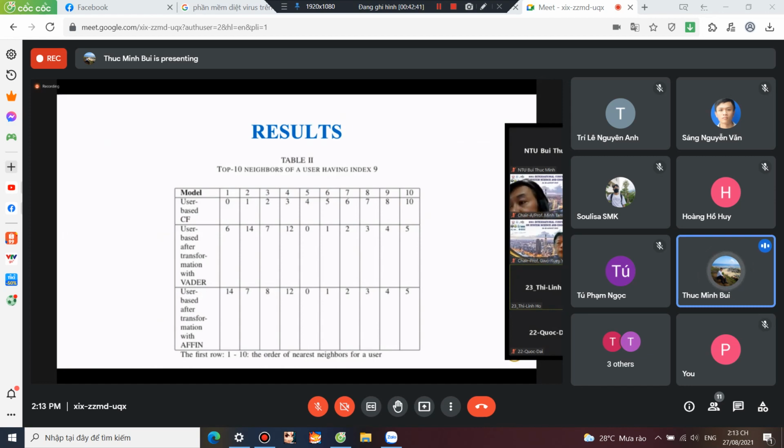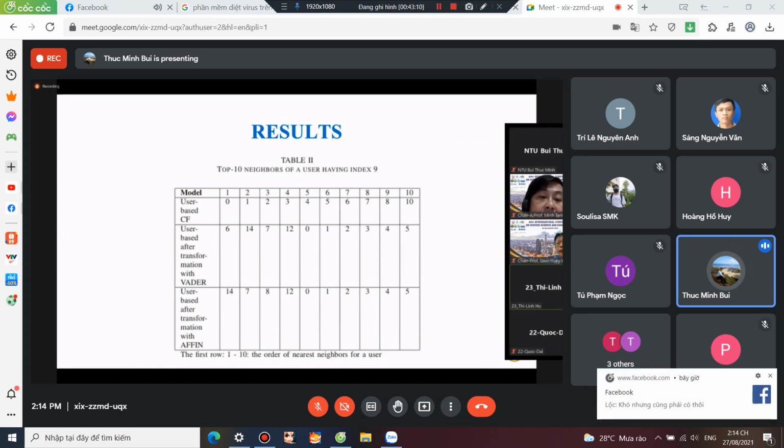So the k-nearest users or items will change after the transformation algorithm is applied. You can see table 2 on this slide. Table 2 shows the list of k-nearest neighbors of the user having index 9 after applying the transformation algorithm with the Vader and affine sentiment analysis tools.